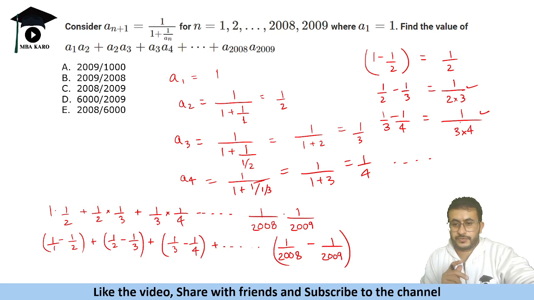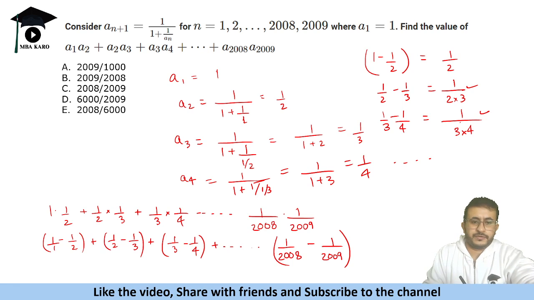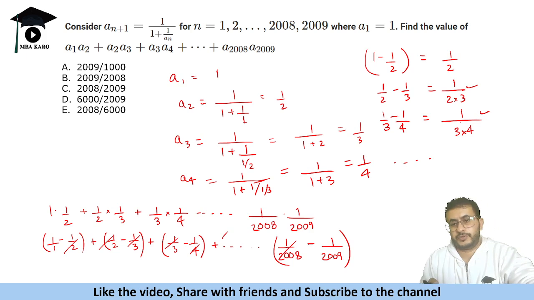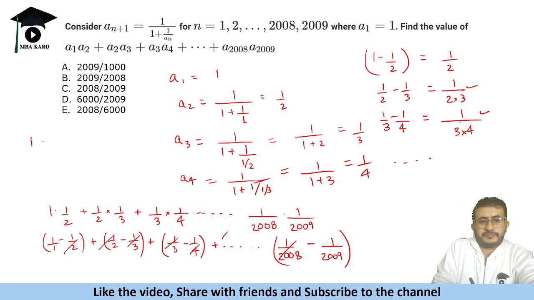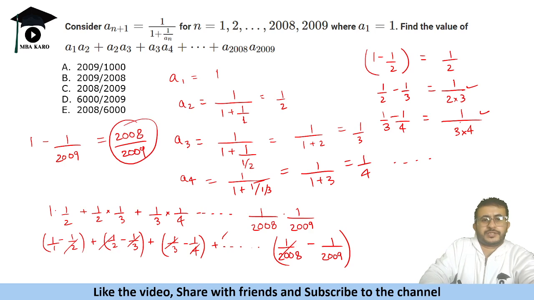Okay, so this is what we get. Now 1 by 2 will get cancelled, 1 by 3 will get cancelled, 1 by 4 will get cancelled, and so on till 1 by 2008 will get cancelled. So what we are left with is 1 minus 1 upon 2009. So 2009 minus 1 is 2008 upon 2009. That is the answer to this question.